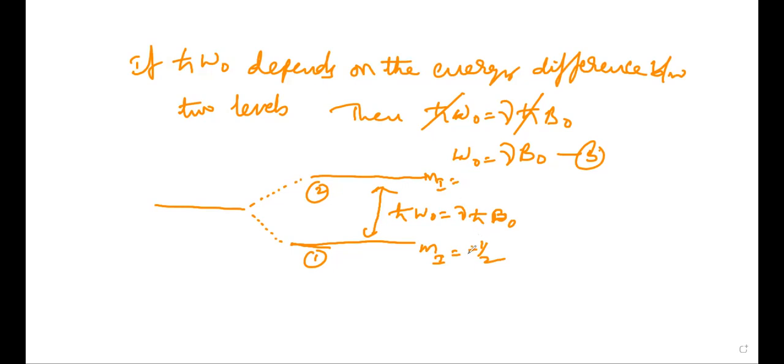As I already told you, in a magnetic field, a nucleus with I equal to 1 by 2 has two energy levels corresponding to Mi plus or minus 1 by 2.